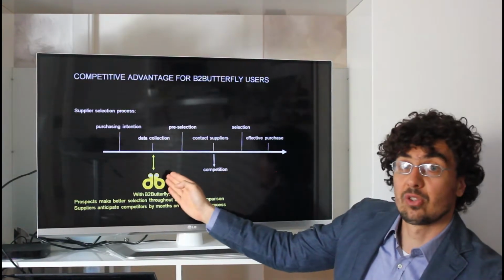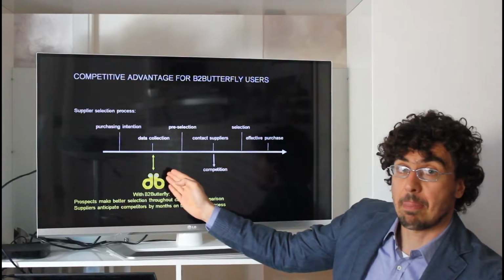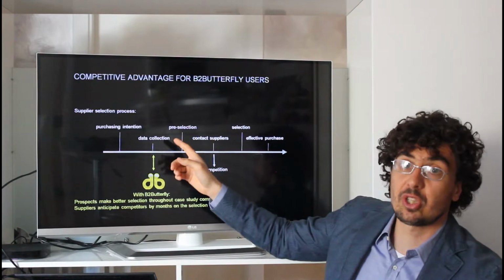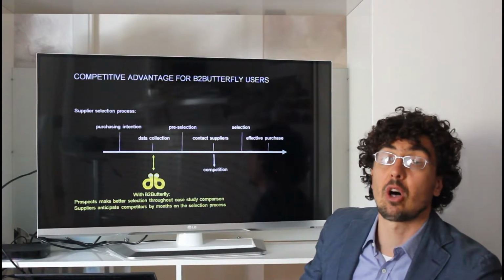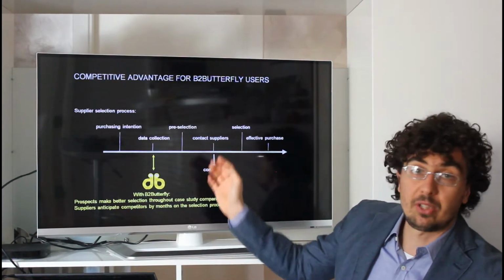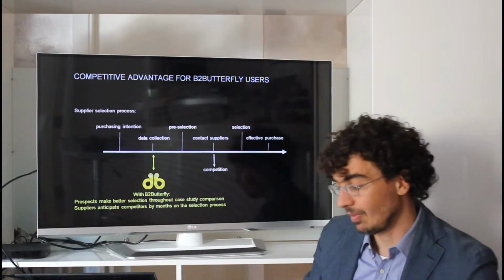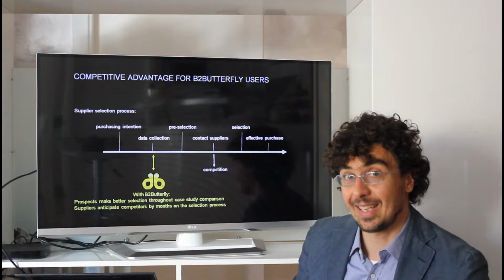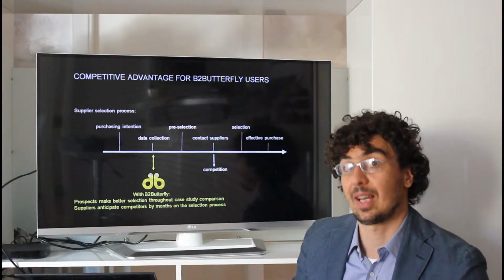Now, those registered in B2Butterfly can buy the data about the searches of the potential client and contact them before the competition. That's a very important value in getting faster to the client.